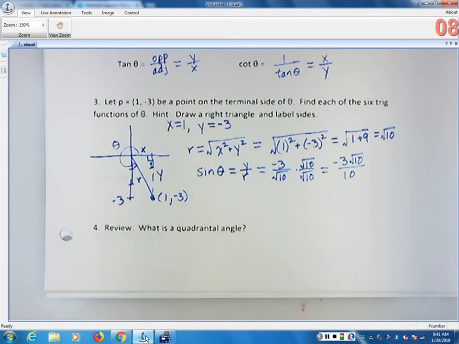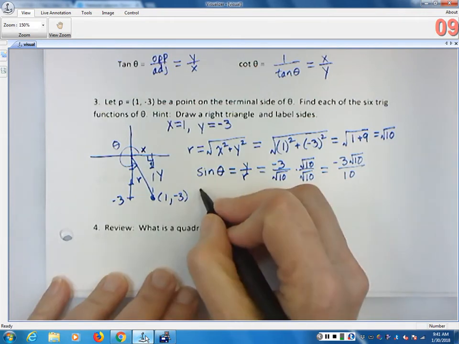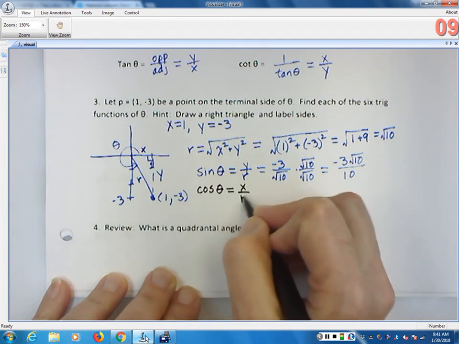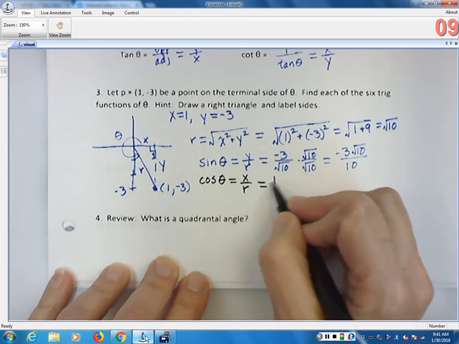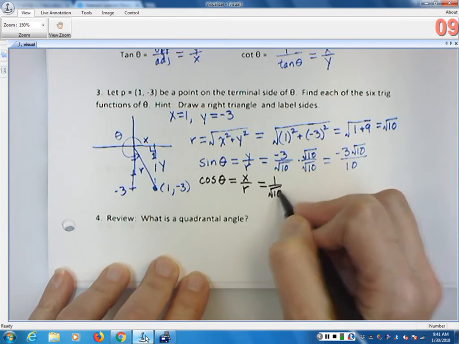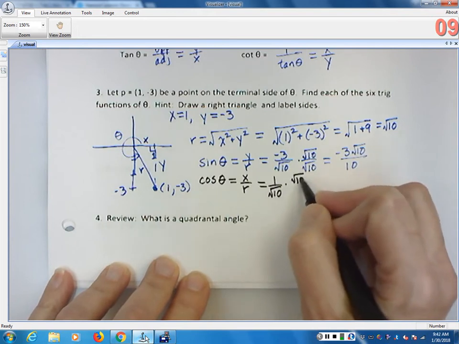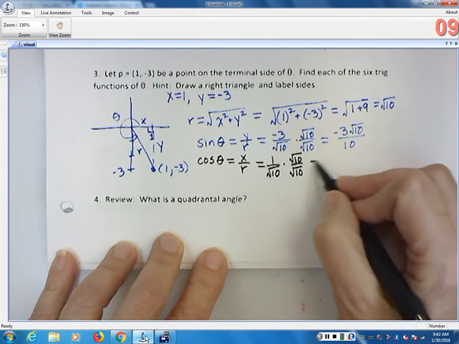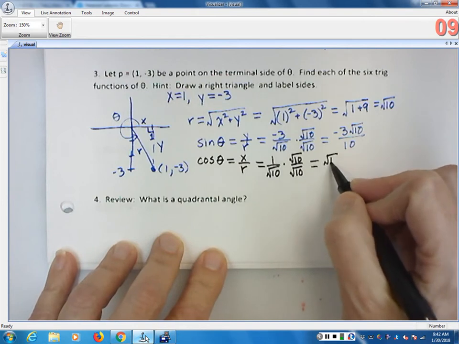Okay, so that's sine, and then cosine is going to be x over r, which is 1 over square root of 10, and again, we're going to rationalize that. Square root of 10 over 10.